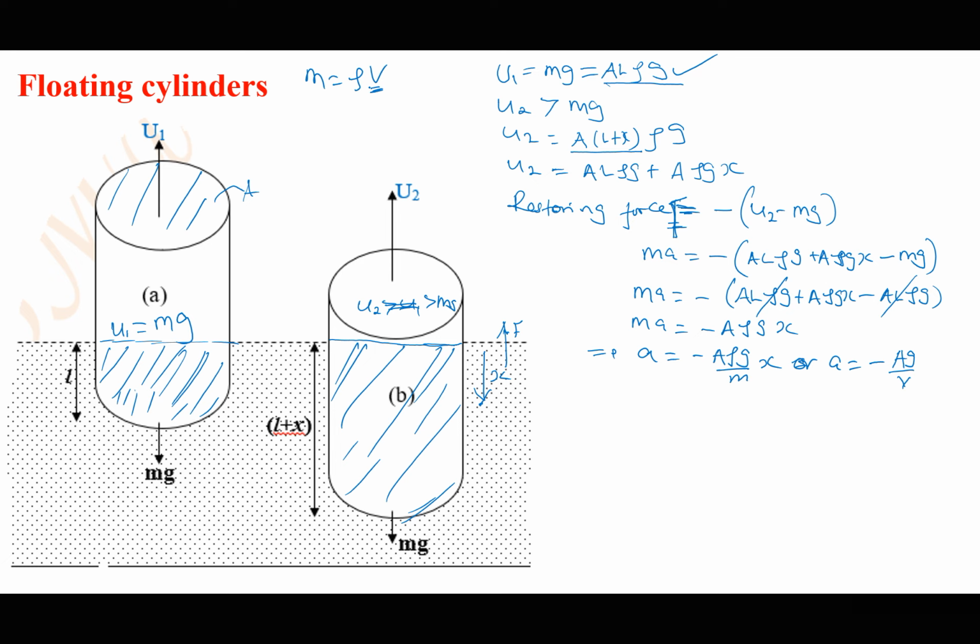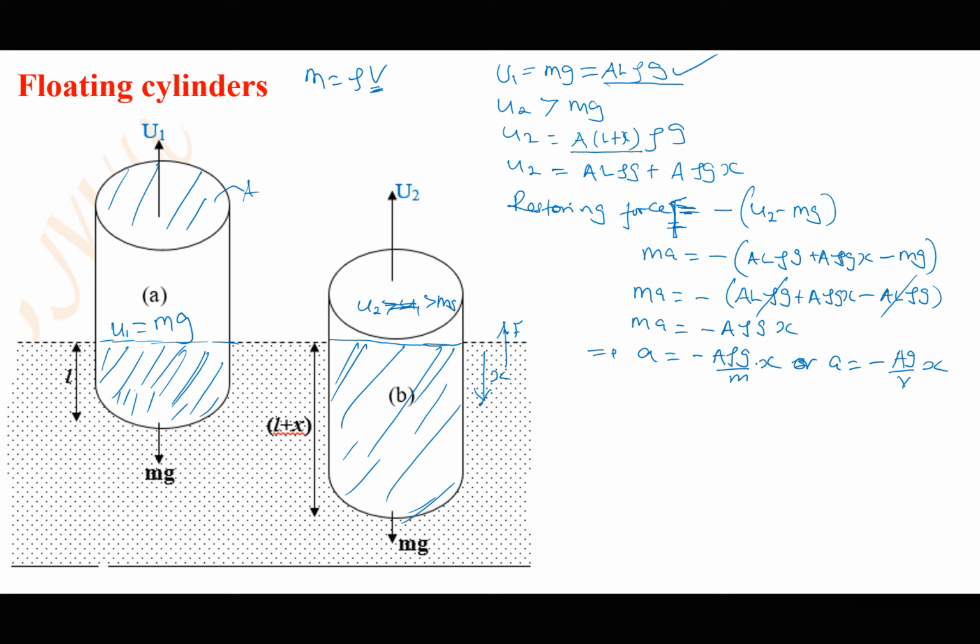So density over mass is the reciprocal of volume, so that can be negative A g over V, then times x. That is one way of doing that.